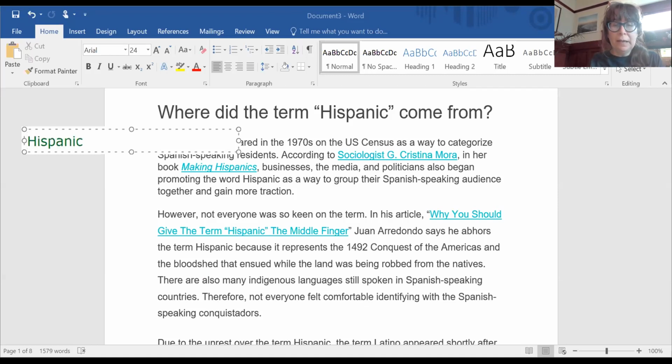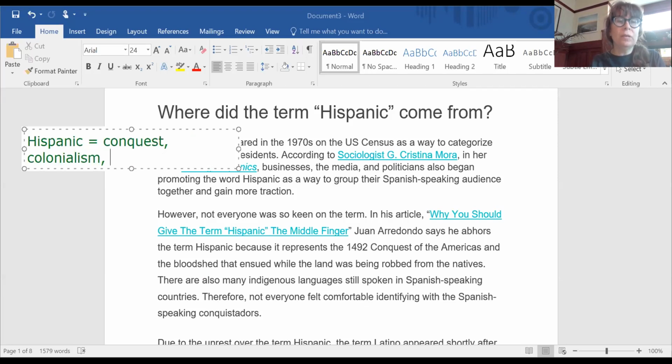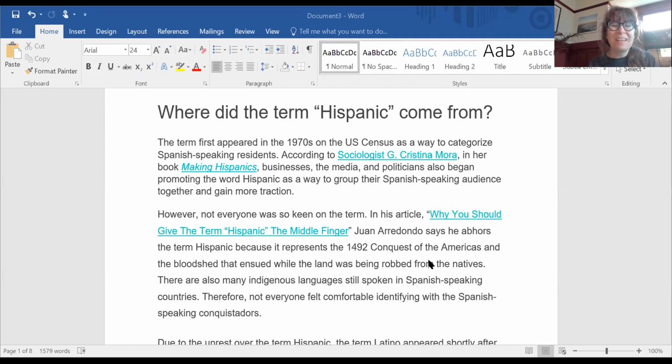Hispanic equals conquest, colonialism, imperialism, the idea of the Spaniards taking over the lands. So I'm going to clear that now and move this up.